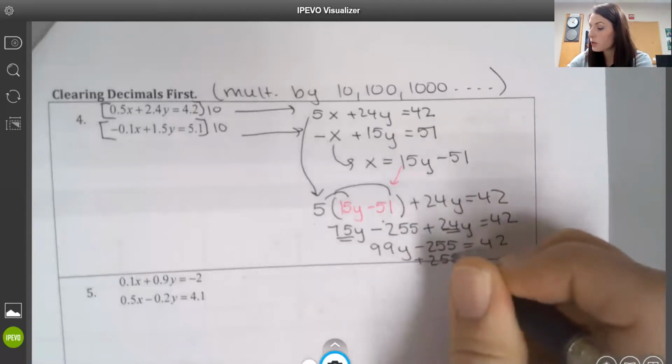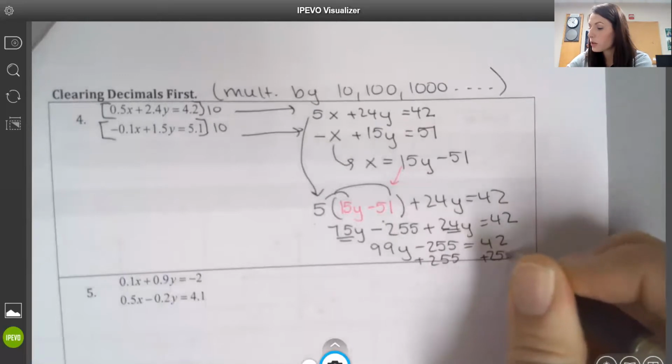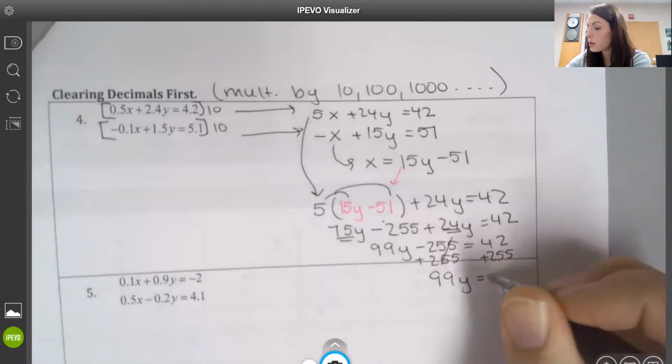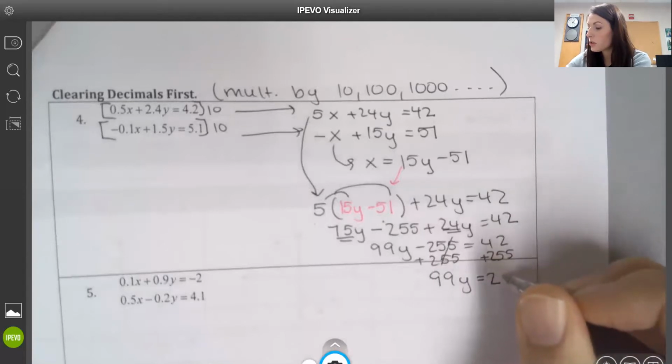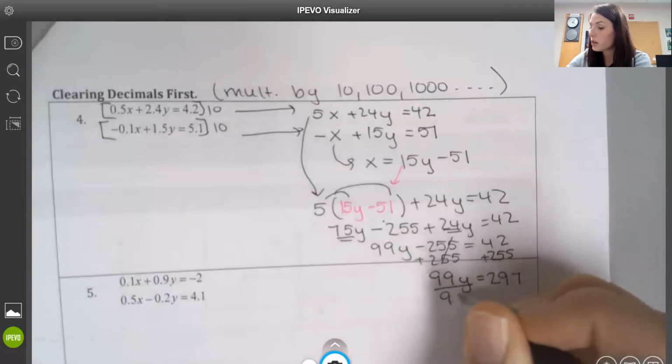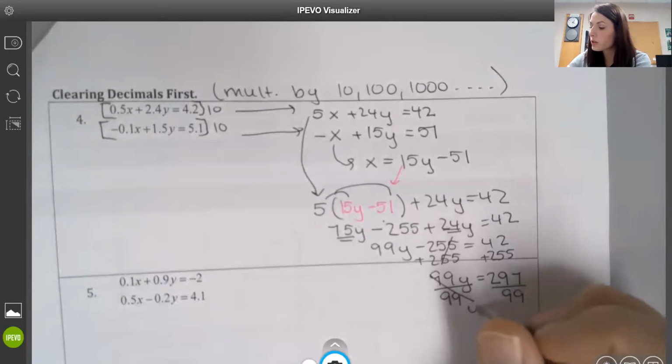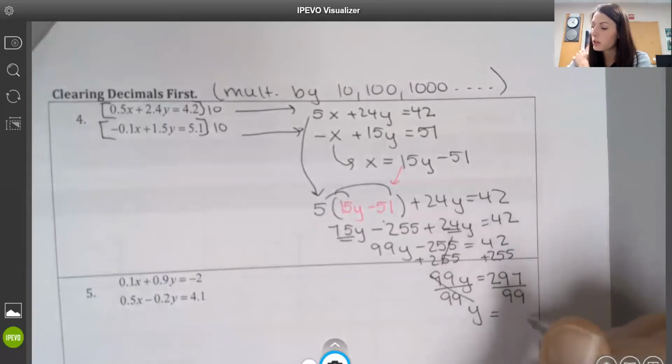And adding 255, 99y equals 297. Divide by 99, and that's going to go in 3 times, I believe.